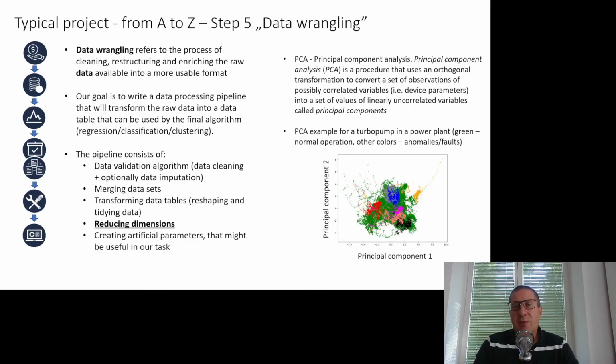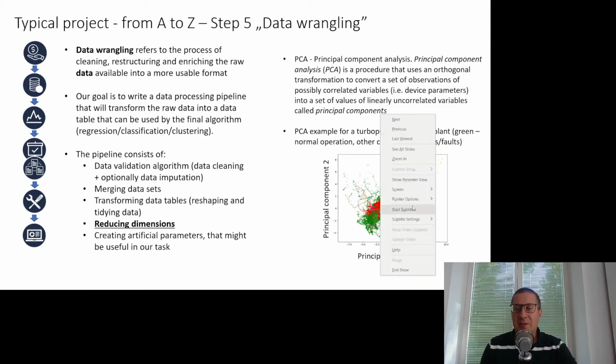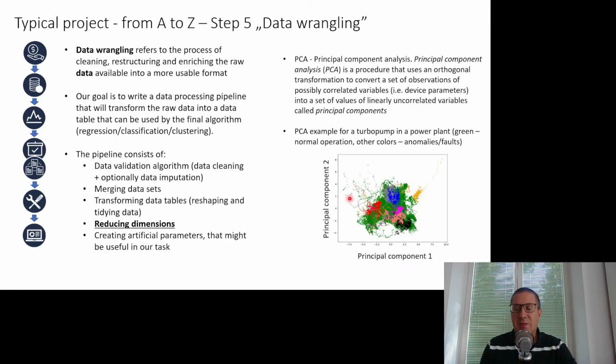Here is the example for a turbopump. The operation of the turbopump is expressed by many parameters like the flow, pressure, current consumed by the engine, the temperature of the oil, etc., etc. So there are many parameters that are measured on the pump.